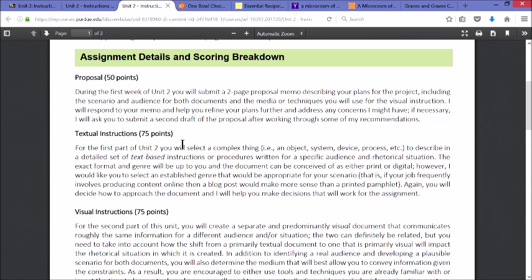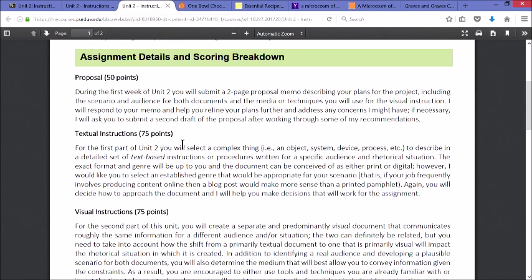You need to think about what is an established type of document that might exist within your scenario. For instance, a lot of instruction manuals are a typical genre, but there can be subgenres within that. For instance, you might have a diagram that has very specific instructions on how to assemble components.